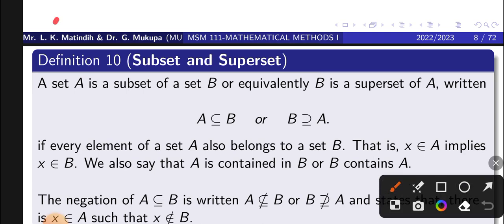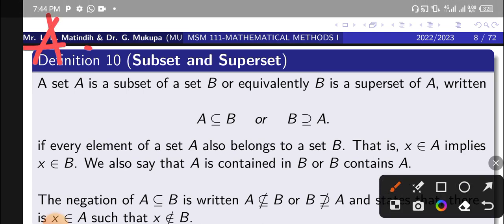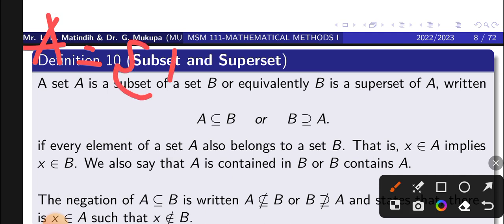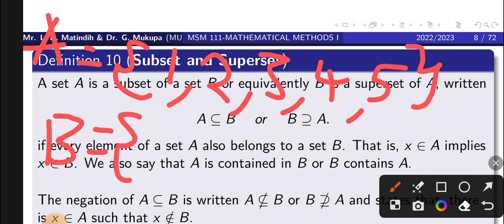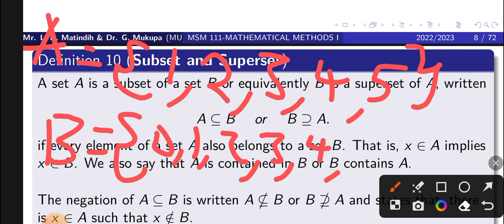You can have A equal to {1, 2, 3, 4, 5}. Then set B can be {0, 1, 2, 3, 4, 5, 6, 7}.